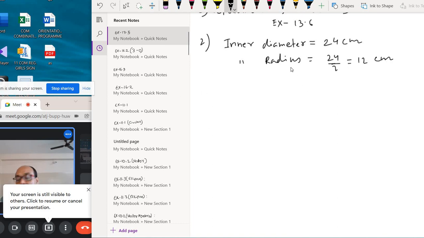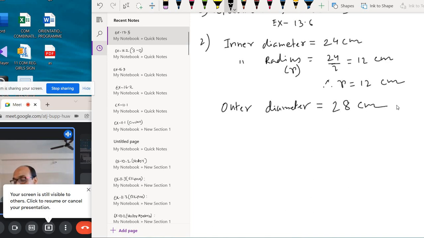Take this one as the smaller radius, r equal to 12 centimeter. Now the outer diameter is equal to 28 centimeter.